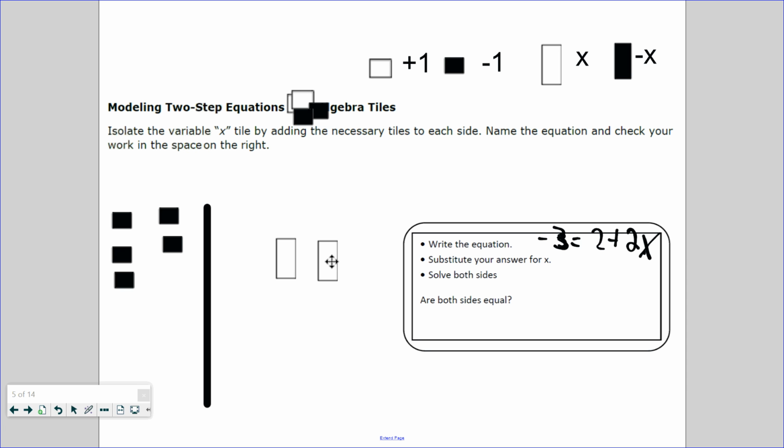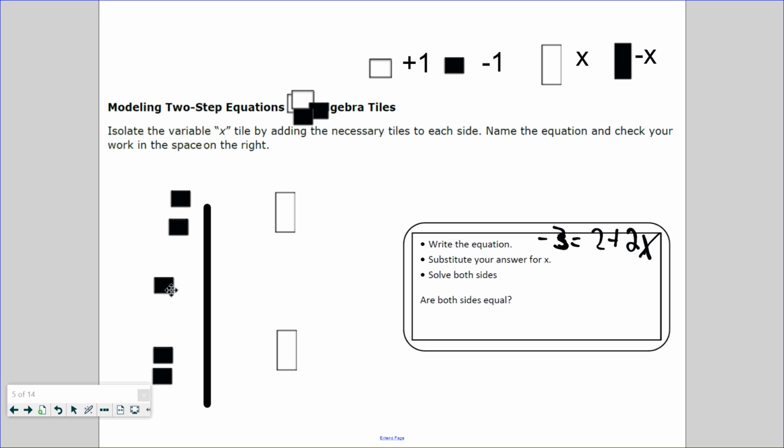So we have 2 x's and we have 5 negatives. How many negatives will go in each group if I divide these 5 negatives into 2 groups? Dot, dot, dot, dot. For this last negative, what do I need to do? I need to split it in half. So each x is equal to negative 2 and a half, or negative 2.5.